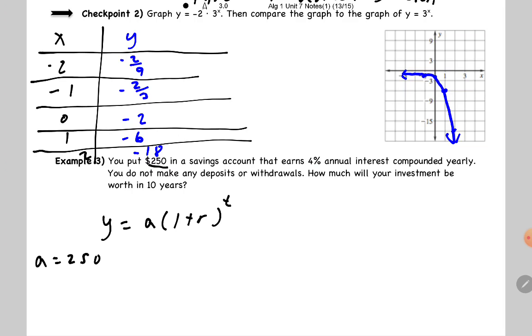And then we have an R value, our interest rate. They'll give it to us in percentage, but we need to change that into a decimal. So you just move the decimal place twice. So 0.04. And then T is usually in years, 10 years. So we have that, and that.